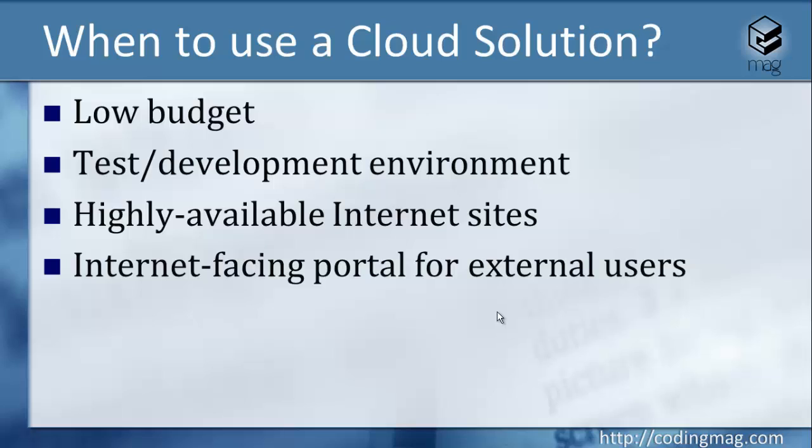Another example is an internet-facing portal. You may have an on-premises environment in your local area network, and you may need to expose it to external users from the internet.